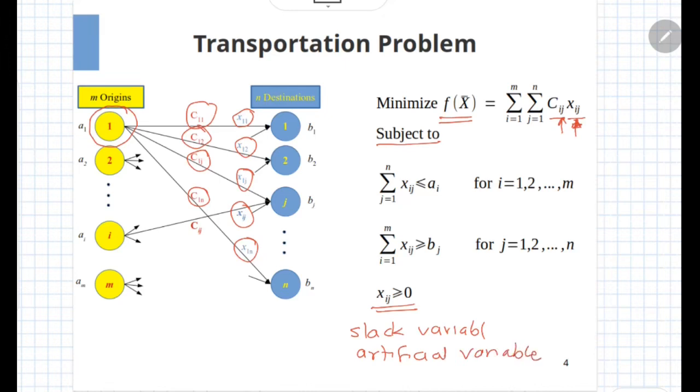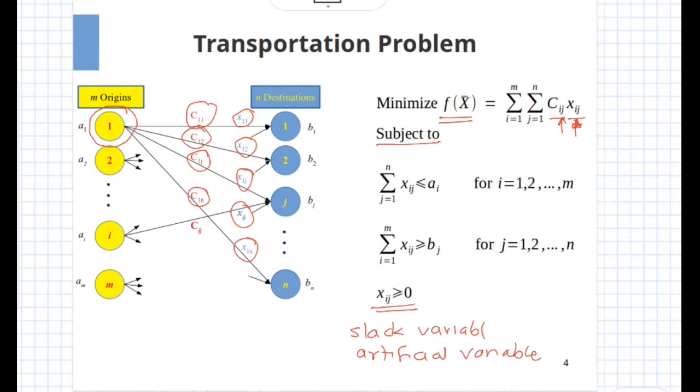So by introduction of slack variables and artificial variables, we can convert this into a standard linear programming form or the equality form, and then solve using the standard linear programming methodology. However, the nature of the transportation problem makes it easier to solve with a different type of approach that we are going to discuss next.